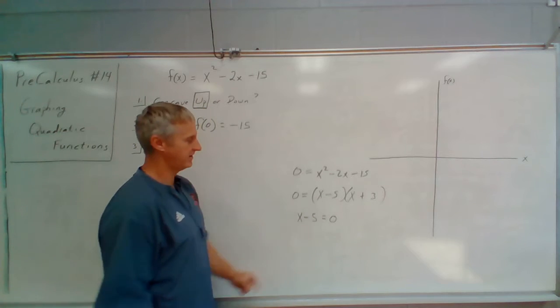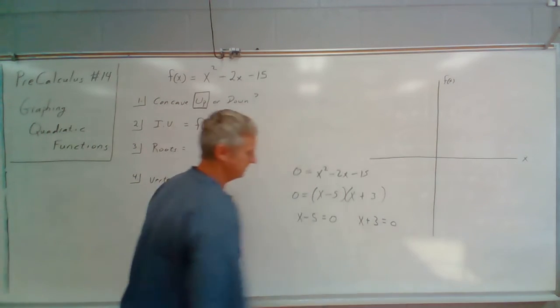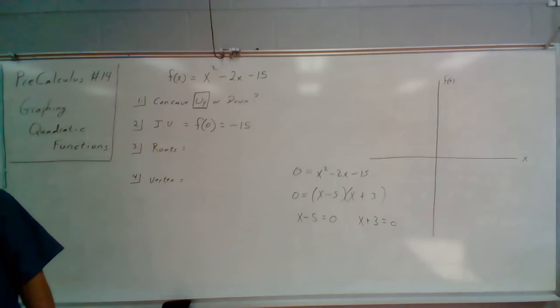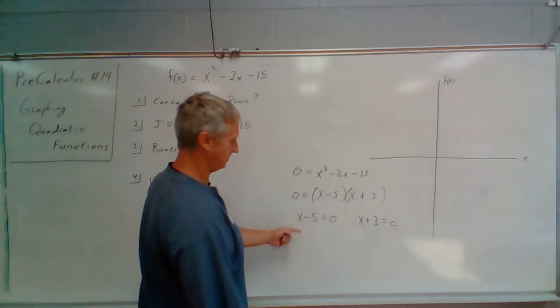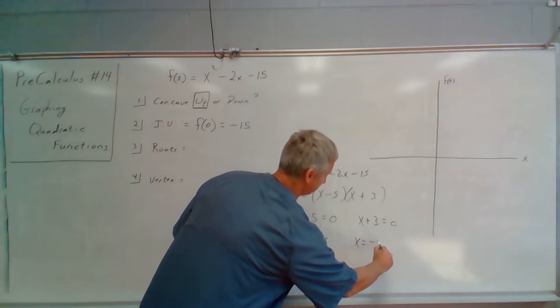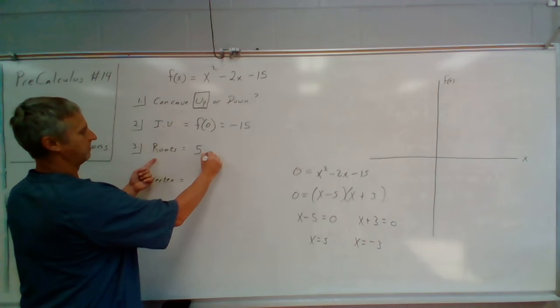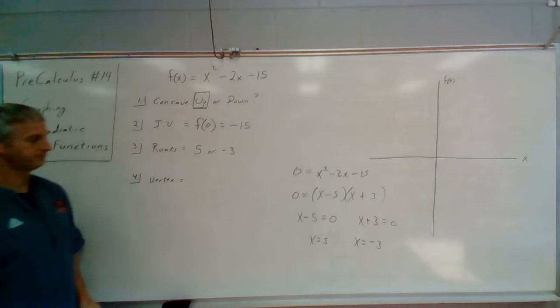So either x minus 5 equals 0 or x plus 3 equals 0. So either x equals 5 or x equals negative 3. There are my two roots, 5 or negative 3.